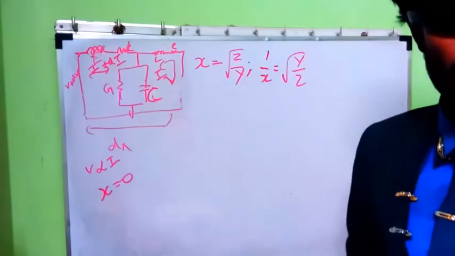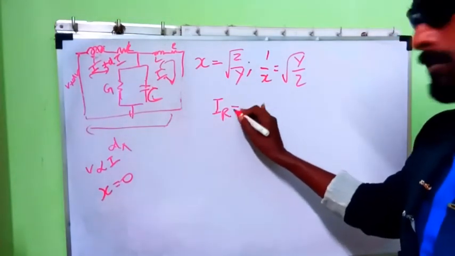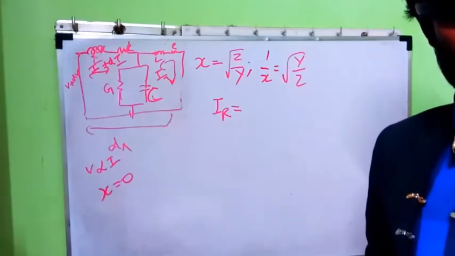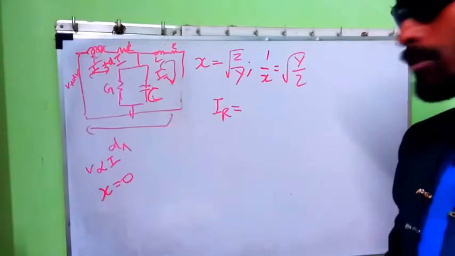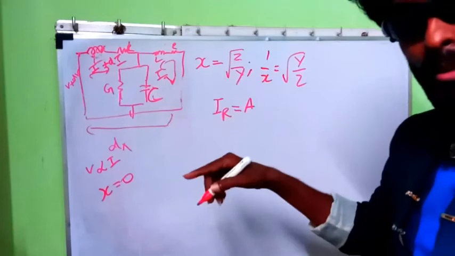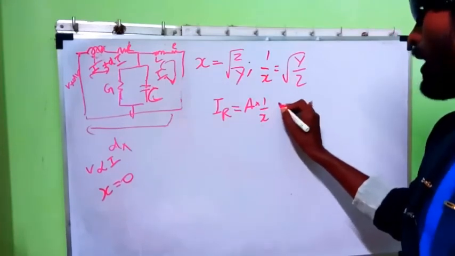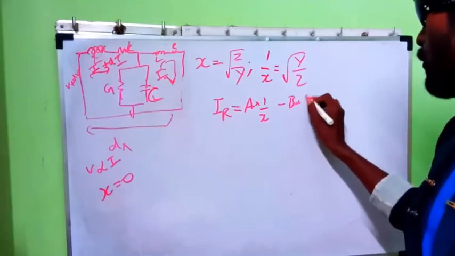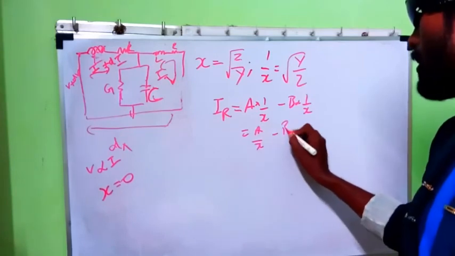Now look at this. I got IR. You know IR, is it right? IR is equal to A into root of y by z, so A into root of y by z, you check out the previous equation. What's y by z? It is 1 by x. So A into 1 by x, and then afterwards minus B into 1 by x. So it's equal to A by x minus B by x.